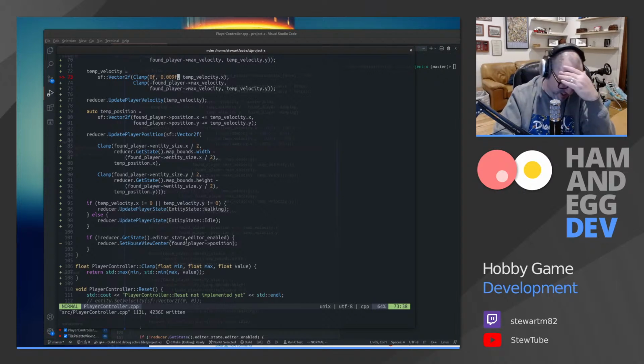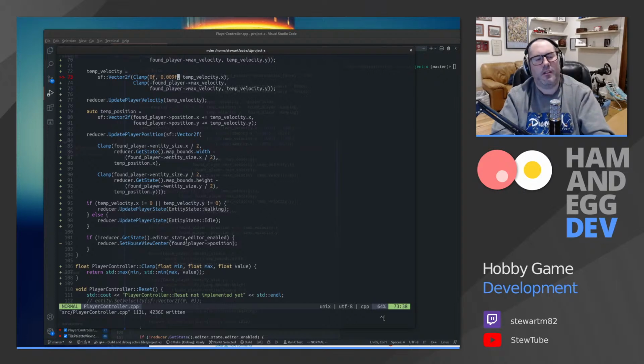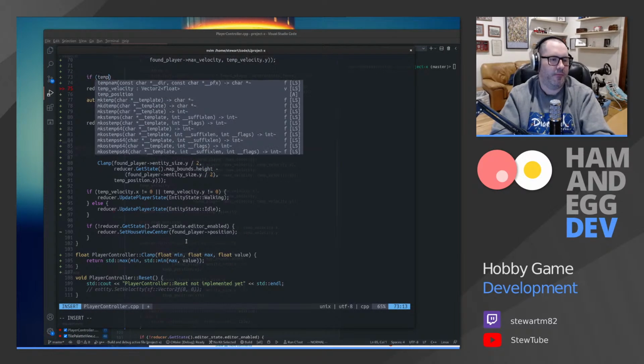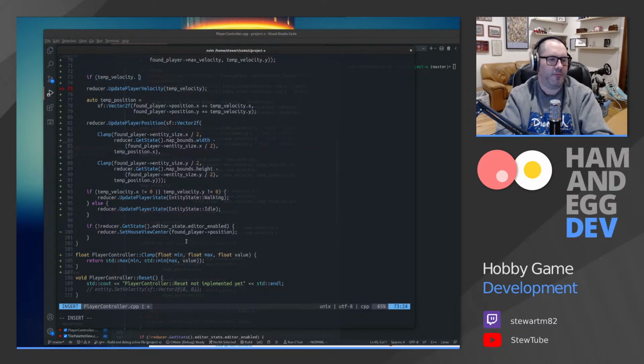Oh, no, actually, we don't want to just clamp it like that, though. We kind of just want to make it 0. Yeah. Dot x is less than 0.009.